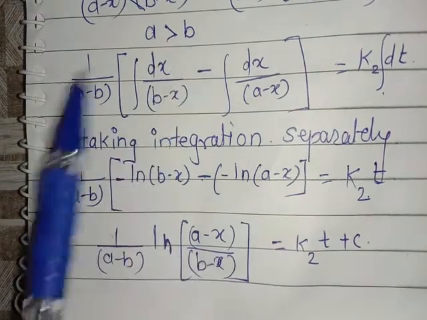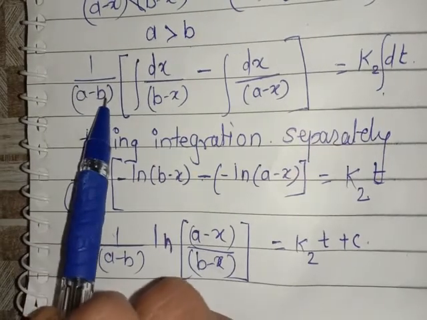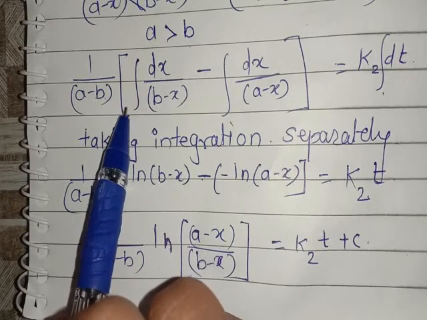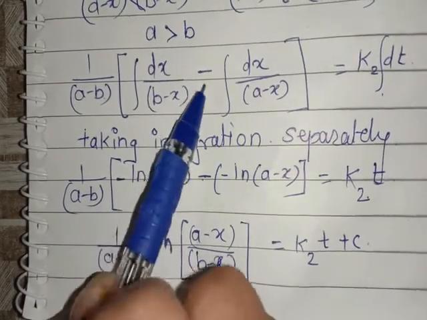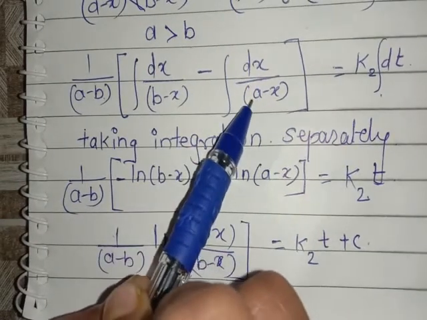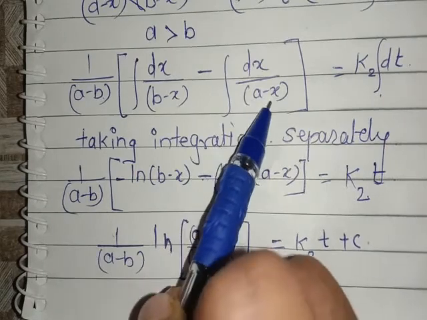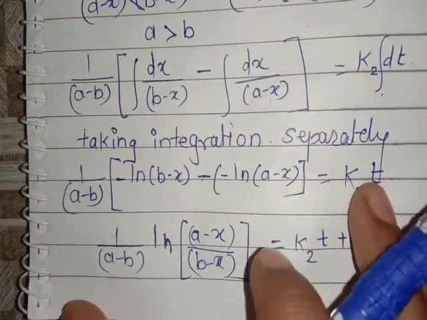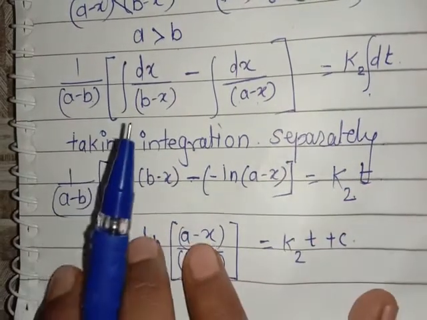So after that we have 1 upon a minus b as common, and remaining the integration of dx upon b minus x minus integration of dx upon a minus x is equal to k2 into dt.